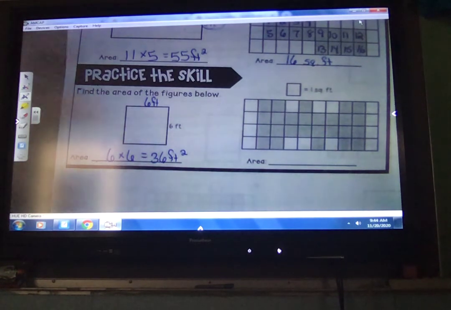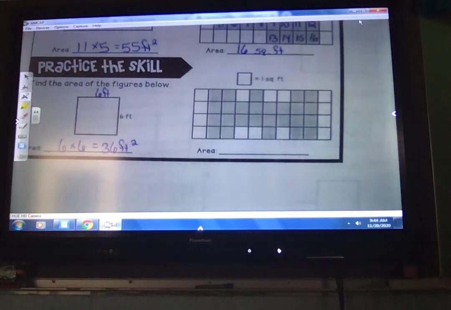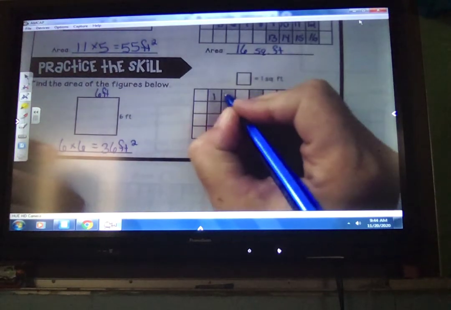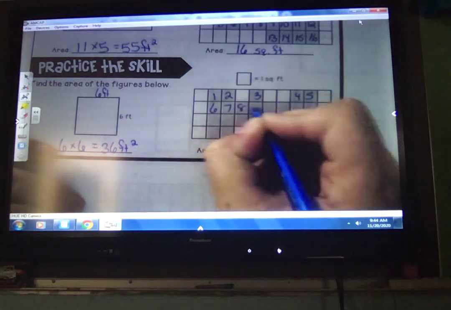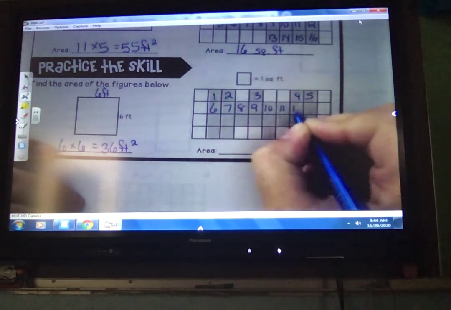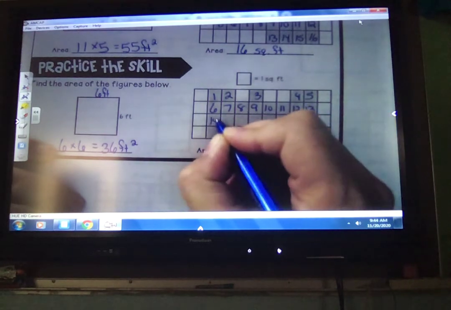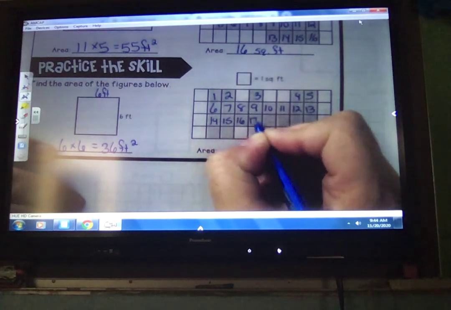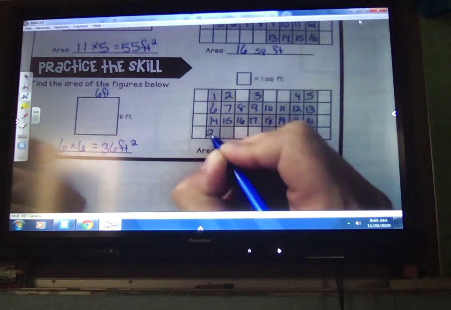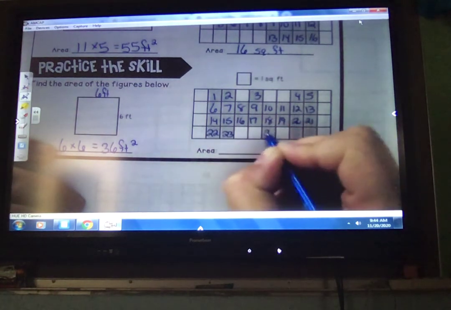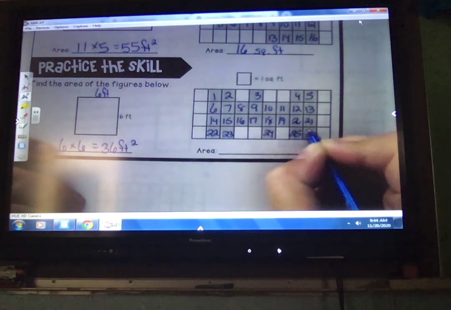On a grid, we're just going to count all the squares it took us to fill in our shape. 1, 2, 3, 4, 5, 6, 7, 8, 9, 10, 11, 12, 13, 14, 15, 16, 17, 18, 19, 20, 21, 22, 23, 24, 25, and 26.